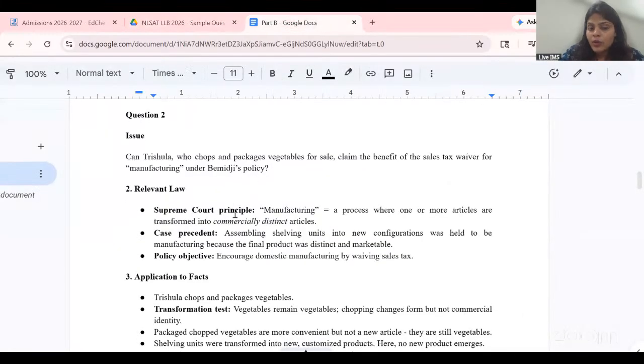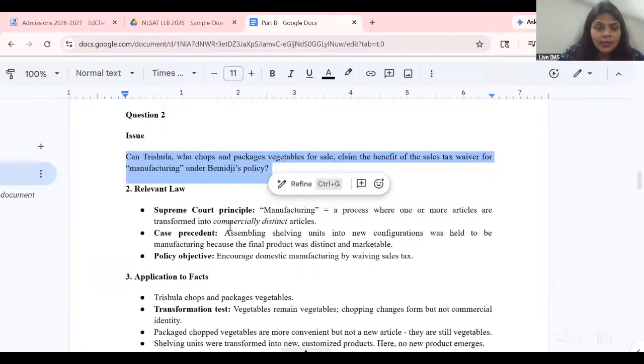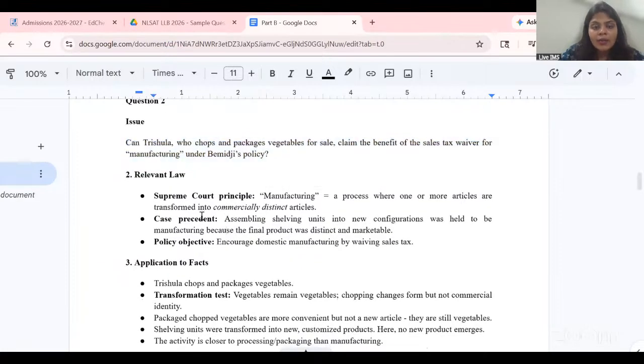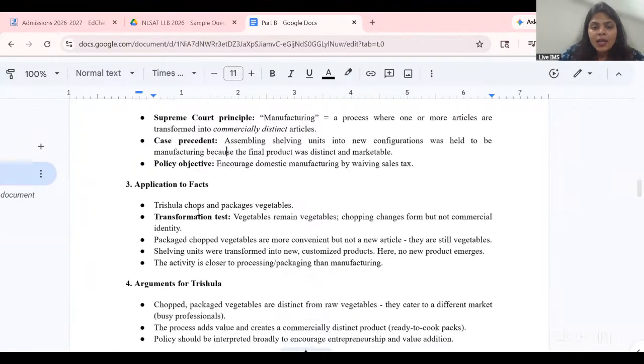So, coming to question number two, similarly, I have identified the issue, where we are talking about what will come under the category of manufacturing. Now, I am applying the principle given by the court, the precedents which are there, and then I start applying it to the facts. If the chopped vegetables are there, the vegetable has not changed its form.